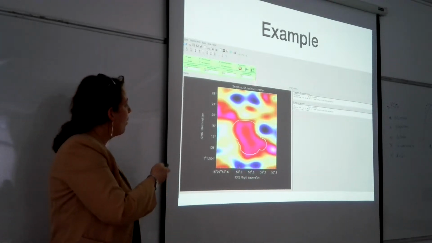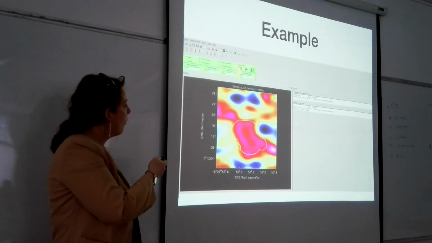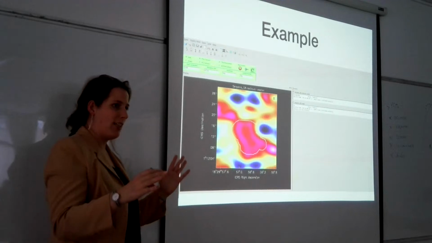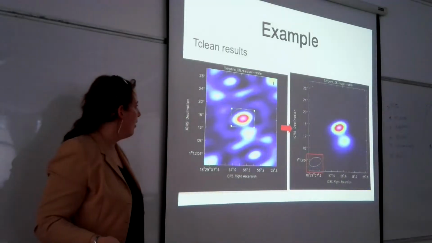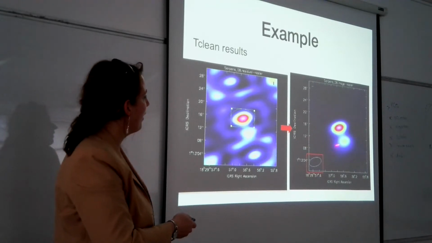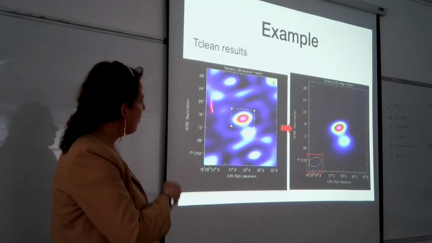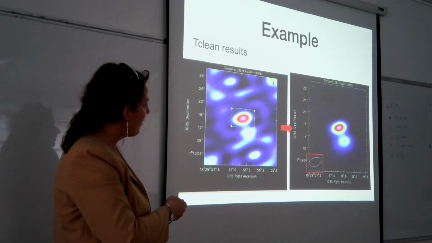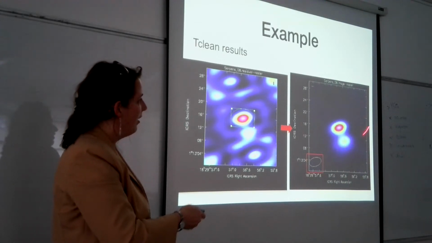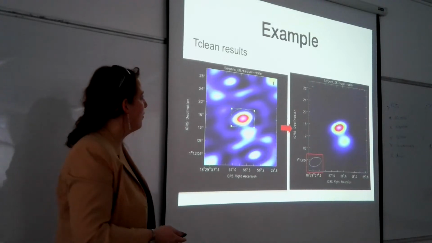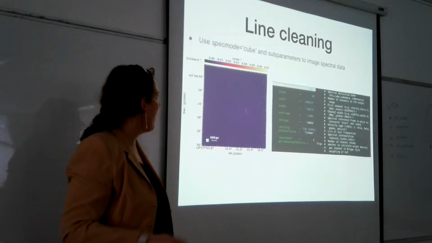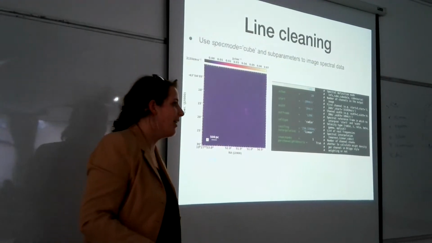So this is the right moment to stop, to click on the red button, and then it's going to save whatever it has done. This will be your clean image that you can then open separately. When we started with this dirty image, we thought that this was maybe a noise blob, but as it turned out, that was actually real. And we can see that now in the final image. Again, this is going to be a lot more clear when we start.